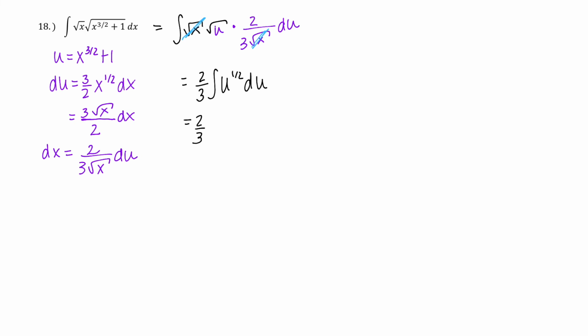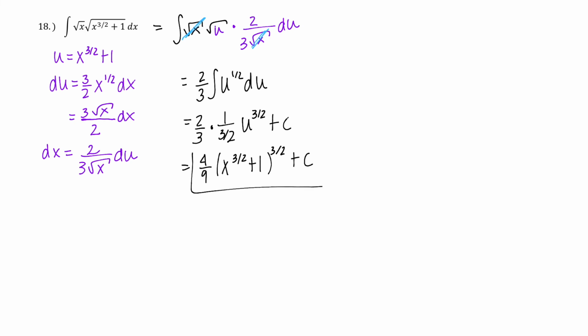So you have 2/3, and then adding 1 to 1/2, you have 3/2, and then u to the 3/2 plus c. This simplifies to 4/9, and then I'm going to replace u with x to the 3/2 plus 1. Make sure it's still raised to the 3/2 power plus c.